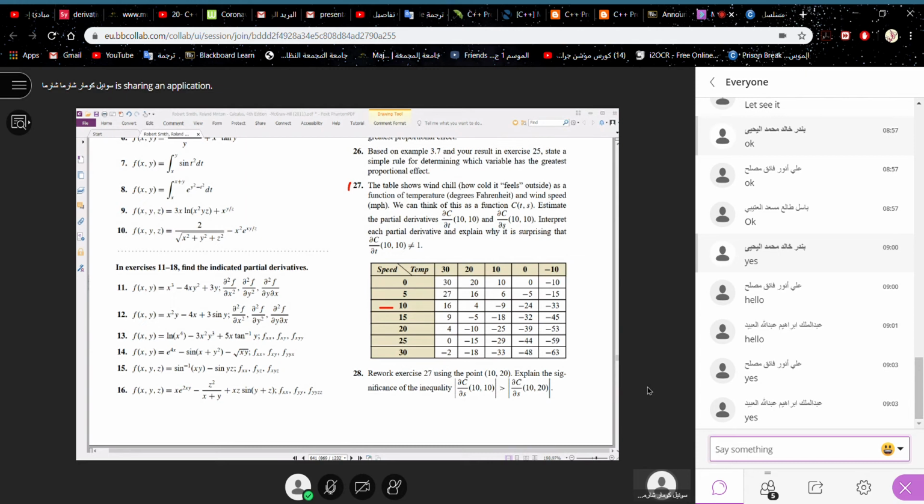Temperature 10. Question number 27. The wind speed and temperature are recorded. So you need to find del C upon del T and del C upon del S.